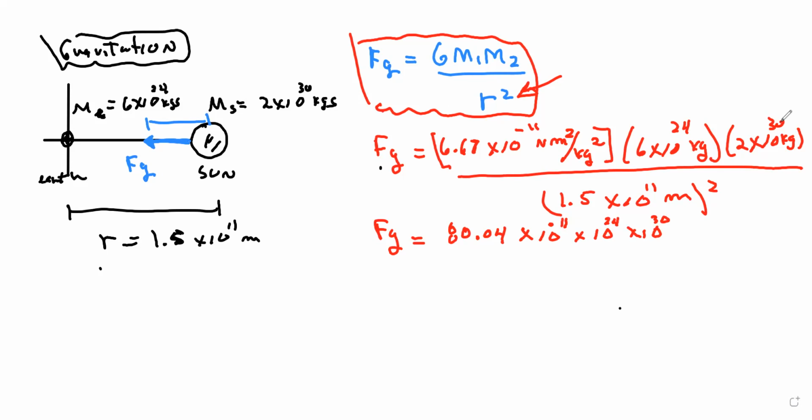And the units would be newtons times meters squared at the top. Then we have kilogram times kilogram, which is going to give you kilogram squared. At the bottom, you got kilogram squared.